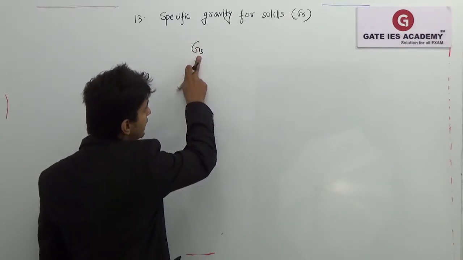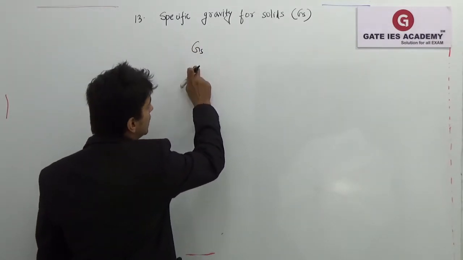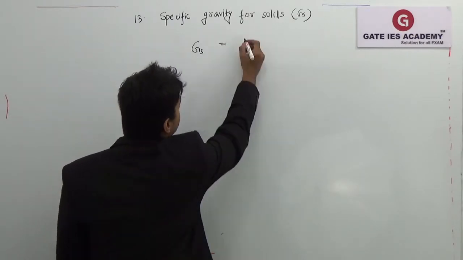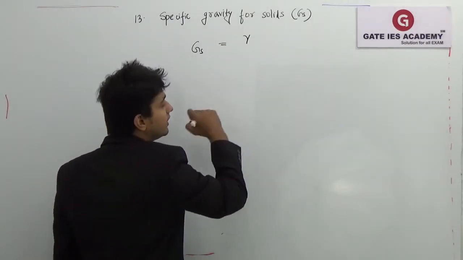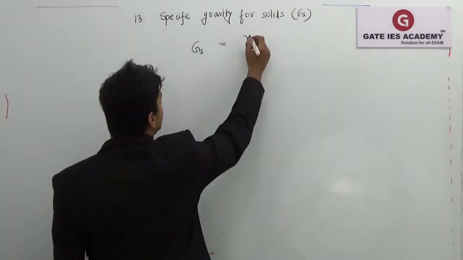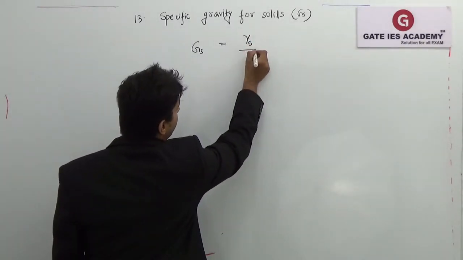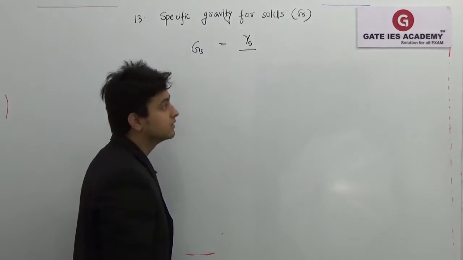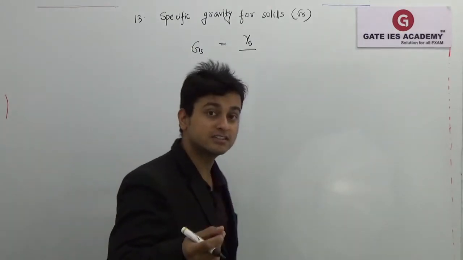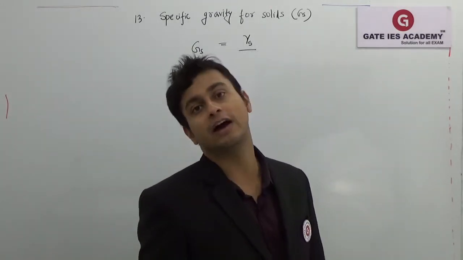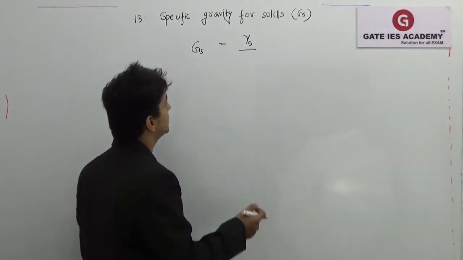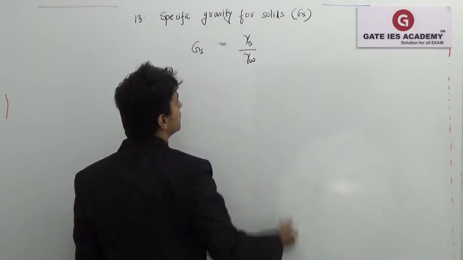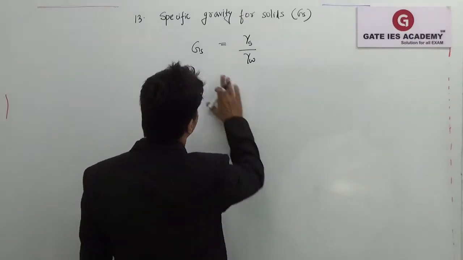Okay, I am specifically talking about soil solids. What will that be? That is nothing but the ratio of their gamma: gamma S, the unit weight of soil solids, just the unit weight of soil solid we have to consider in this case, divided by gamma W, which is my reference. So this will be my GS.